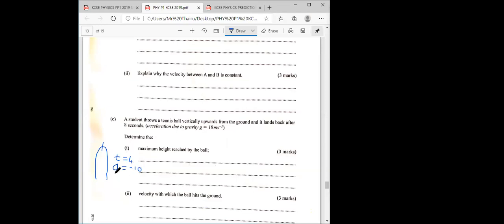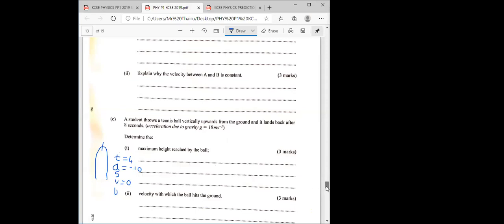At the top, at the maximum height, we don't know this maximum height S. But the final velocity at the top, which is going to be V, will be equal to 0. So we don't have a formula that connects all this if we don't have U, which is the initial velocity.